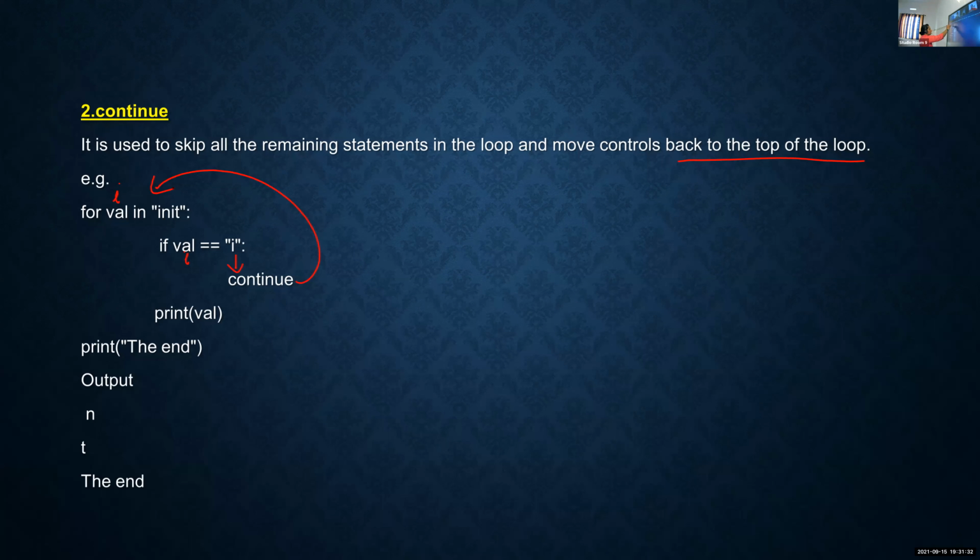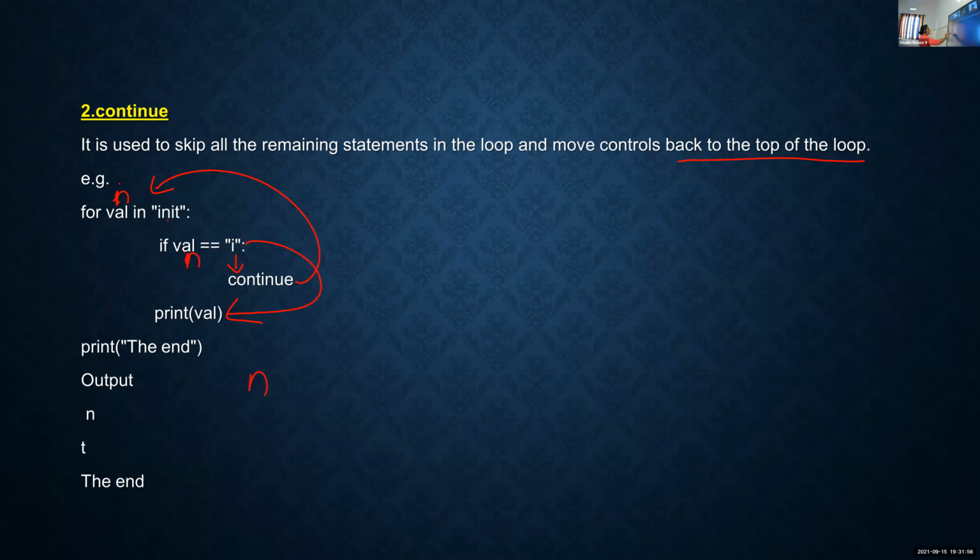Then in the next iteration, n is assigned to val. Then it checks n equal to I. Is it true? No, it is false. So the control moves to print val, so it will print n.